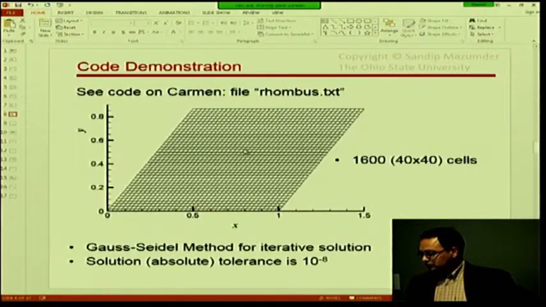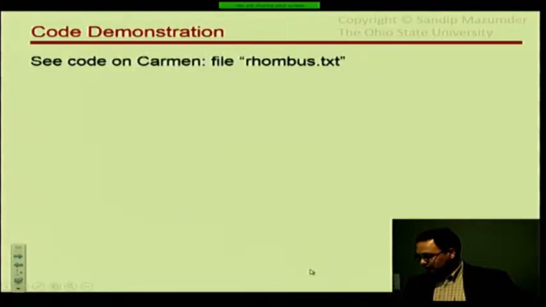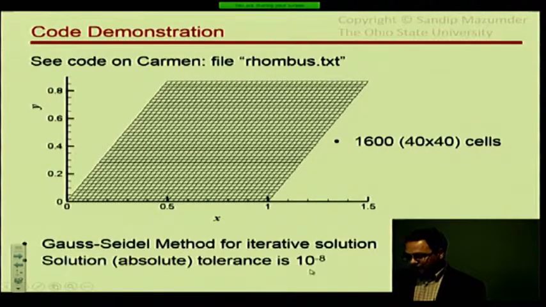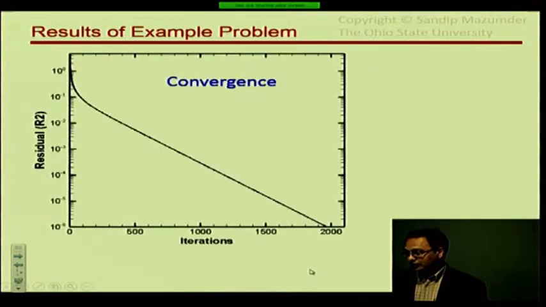So here's a picture of the mesh that was generated. This is actual, this is not a schematic. This is the actual mesh that we generated, 40 by 40. Okay. And as I said, I used Gauss-Seidel for iterative solution and used a tolerance of 10 to the power minus 8. Okay, and here is the convergence.